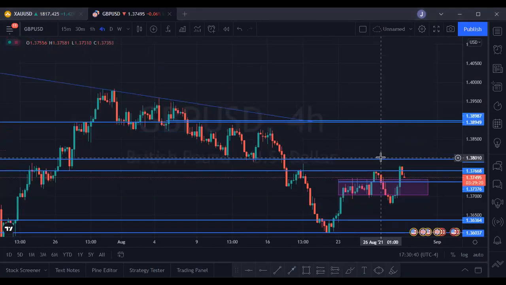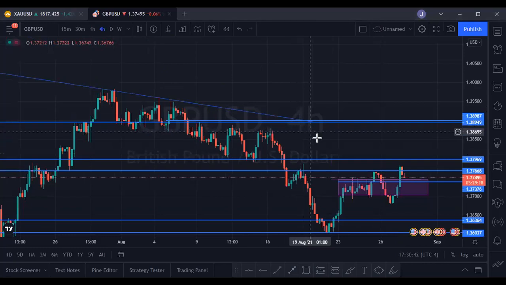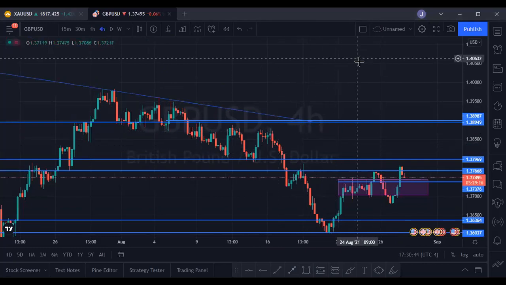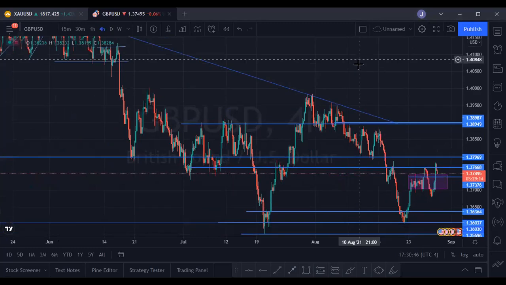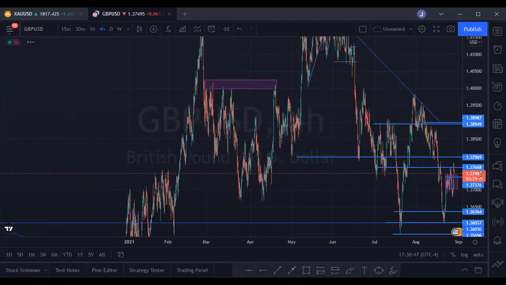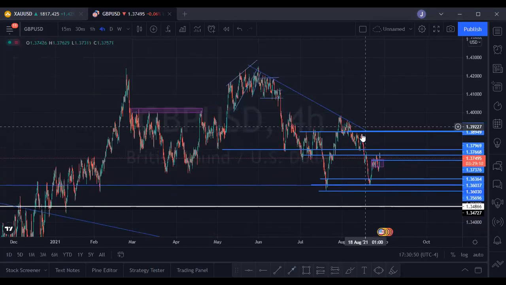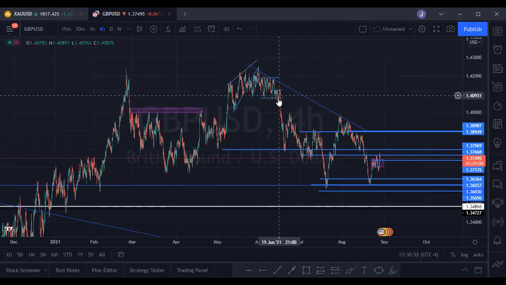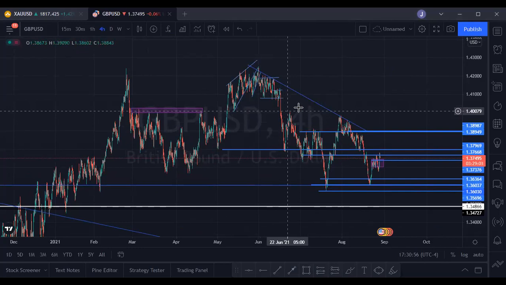If there is any further move, but that should be my take profit here. So if price breaks above it, price will be exposed to 40,000.